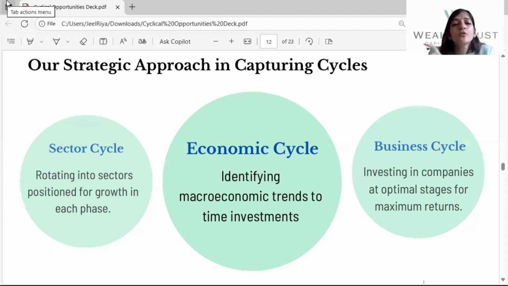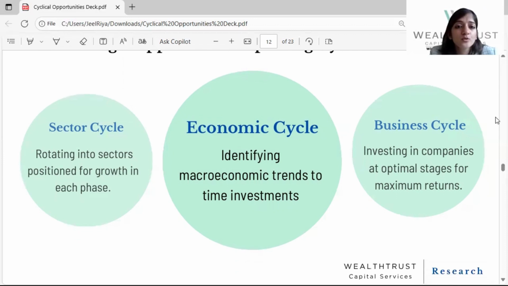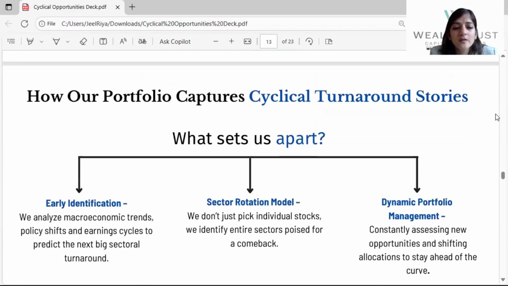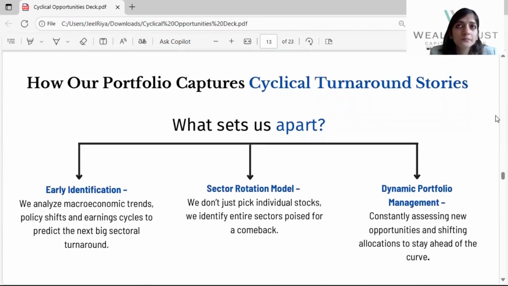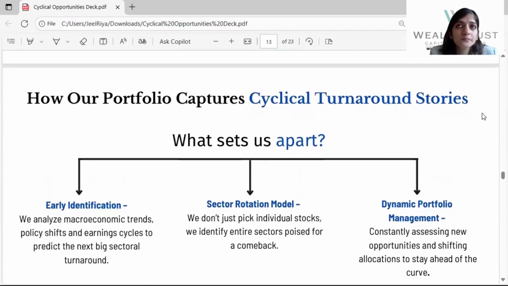That's about it from my end. I will ask Shubham to step in and give us a few examples of how we build cyclical turnaround stories, and some stock examples of how we've been able to capture what I discussed.